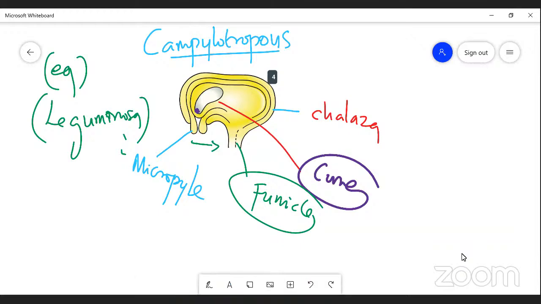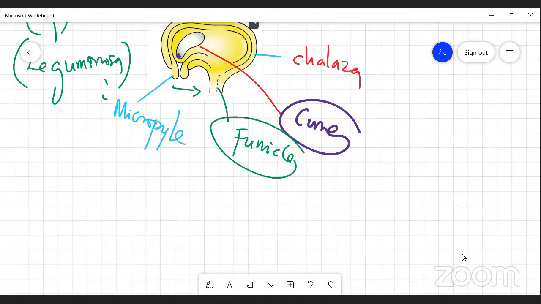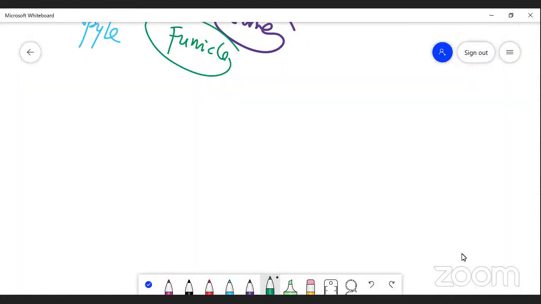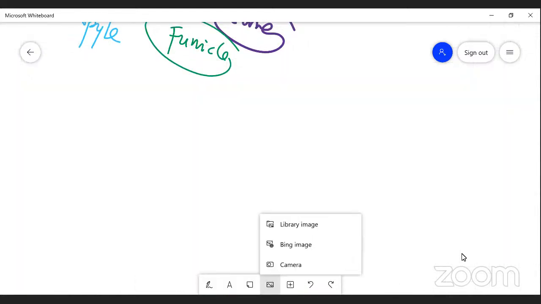The next type is the fifth type, that is the Ambitropous ovule. We are discussing the types of ovule. Students, please remember.